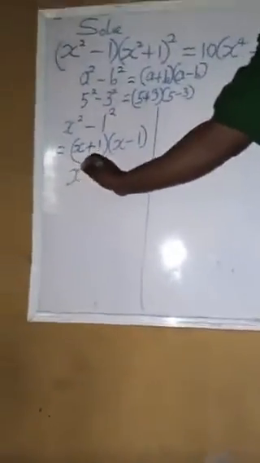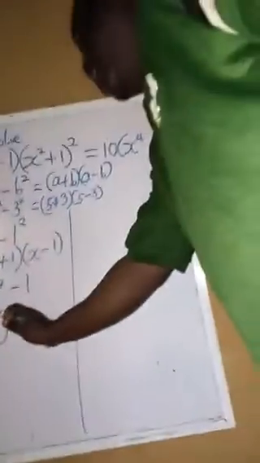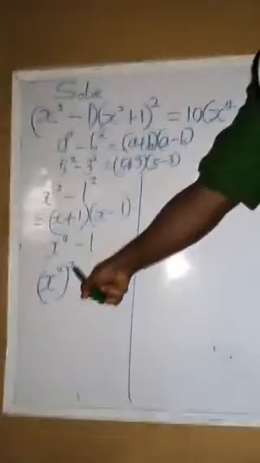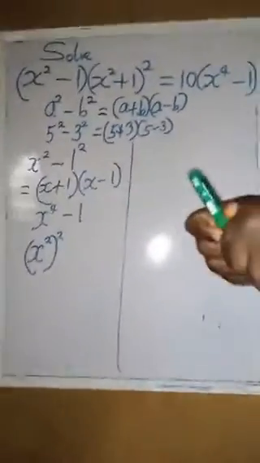Then what about this x raised to power 4 minus 1? x raised to power 4 minus 1 can be rewritten as x squared, raised to power 2. According to one of the laws of indices, when a power is raised to another power, all we need to do is to multiply the powers. So here 2 times 2 is 4, and that is the same thing as 4 up here.